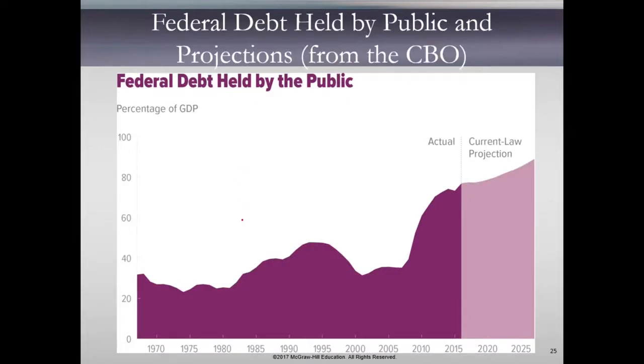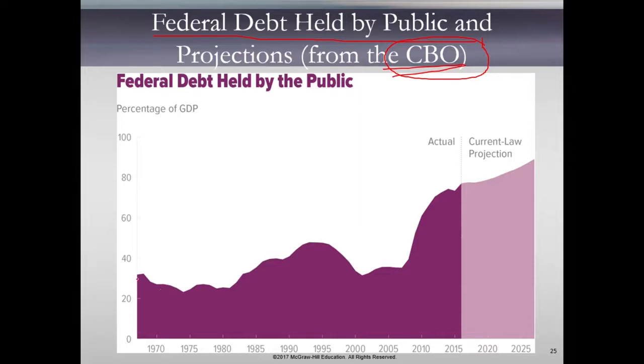So I promised that this would be a pretty short discussion. I think we're getting reasonably close to the end. The federal debt held by the public, and this is from the Congressional Budget Office, they're very nonpartisan, and it's full of economists. We have our political biases, but basic positive economic analysis, not normative but positive, is driven mostly by economic theory and an application of data to that theory.